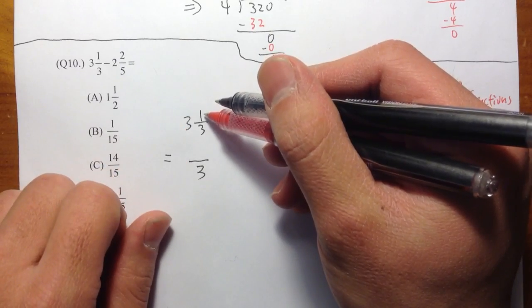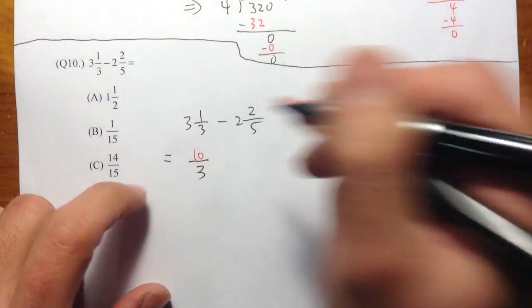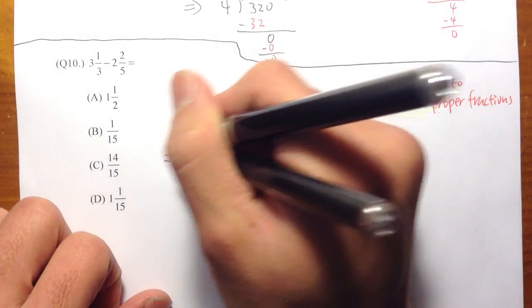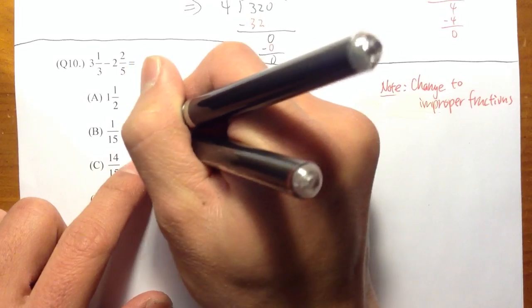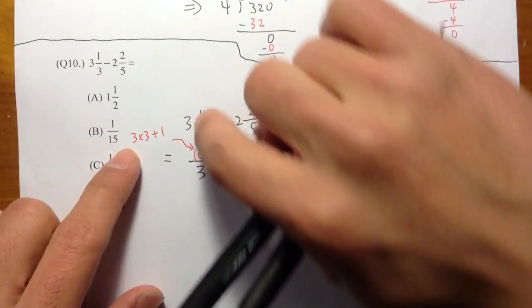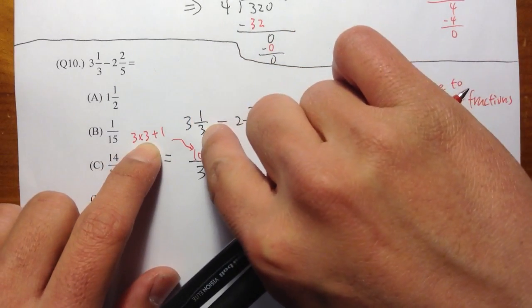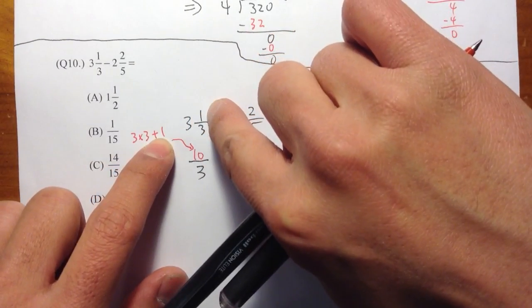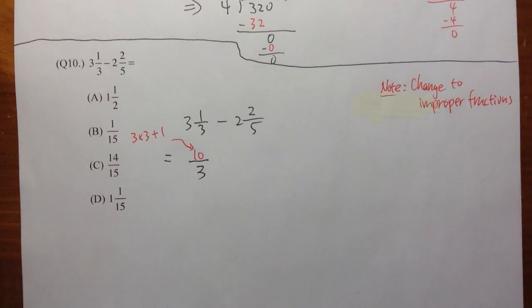And then plus the 1, we get 10. So let me write down the calculation. What I did right here was 3 times 3 and then plus 1. The first 3 is the whole number, the second 3 is the denominator, and then you add 1 to the numerator. So 3 times 3 is 9, 9 plus 1 is 10. Okay?